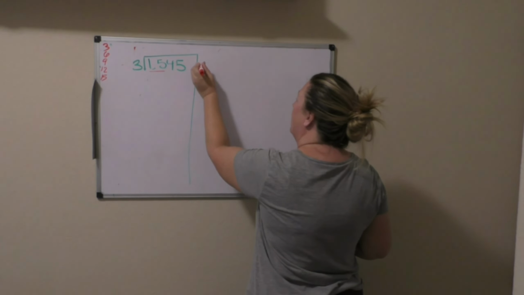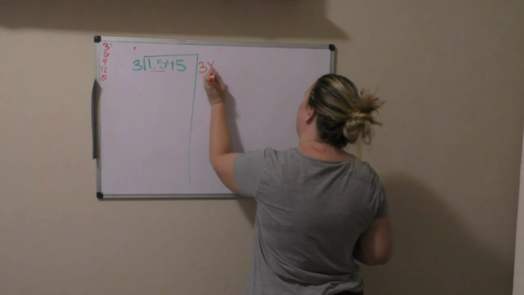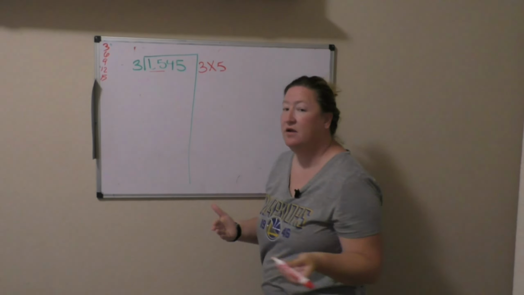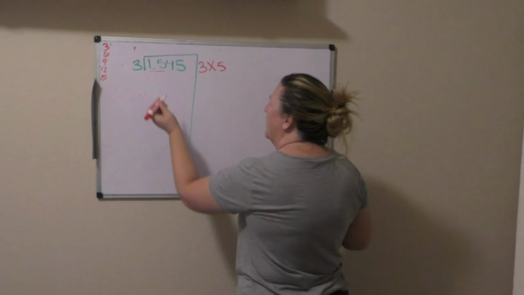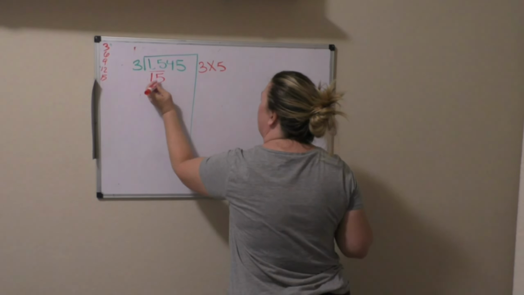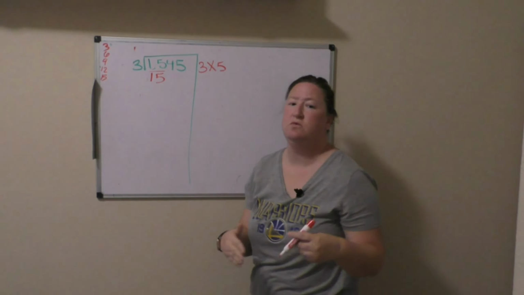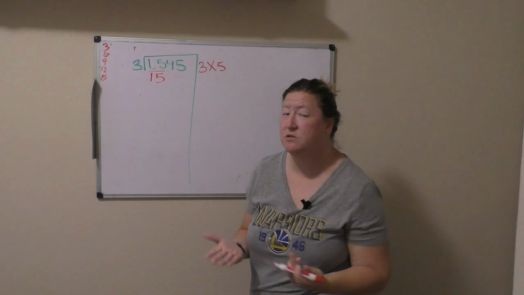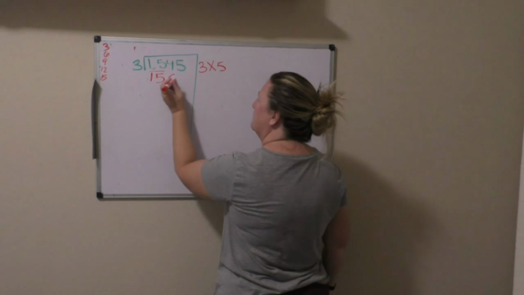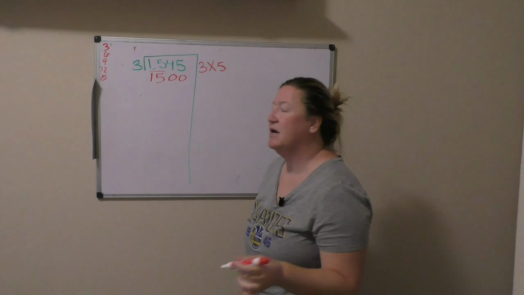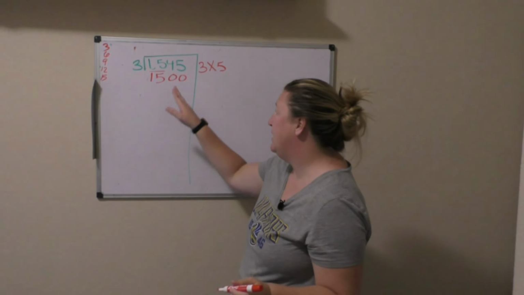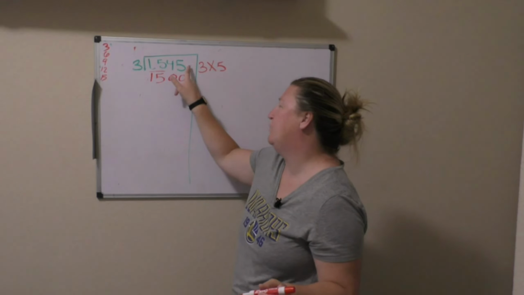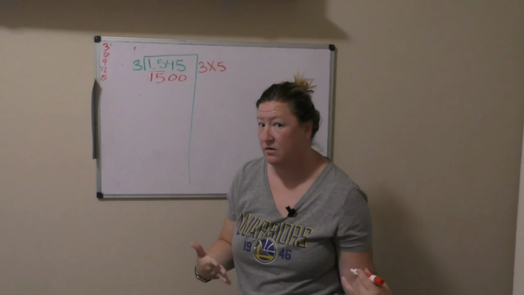So I know that 3 times 1, 2, 3, 4, 5 gives me 15. So I'm just going to write this over here, that 3 times 5 gives me 15. I'm going to put 15 right here, but I'm missing 2 spots. So I'm going to fill those 2 spots with zeros. Because really, I want to get close to 1,545.